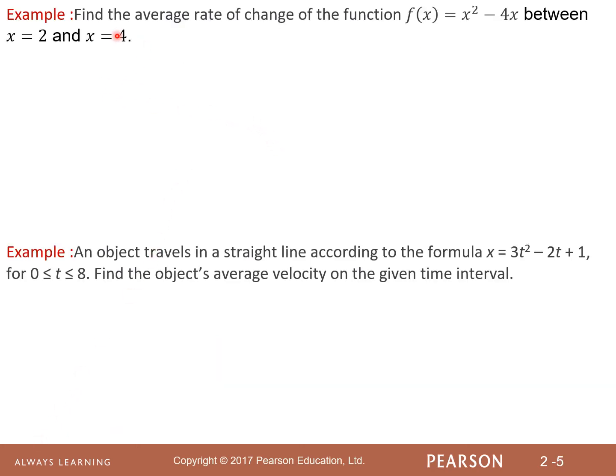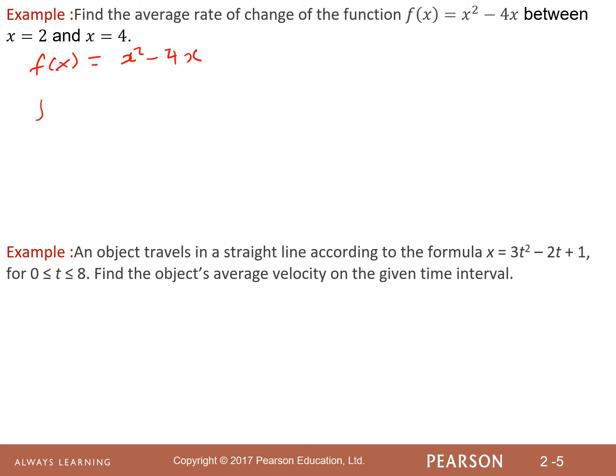Now let's take a look at this. It says find the rate of change of the function f of x between the 2 points. So if we want the rate of change of the function, we have to do the derivative of the function, right? So the rate of change of this function, how are we going to do it? We'll do the derivative. So the function f of x equals x squared minus 4x, right?